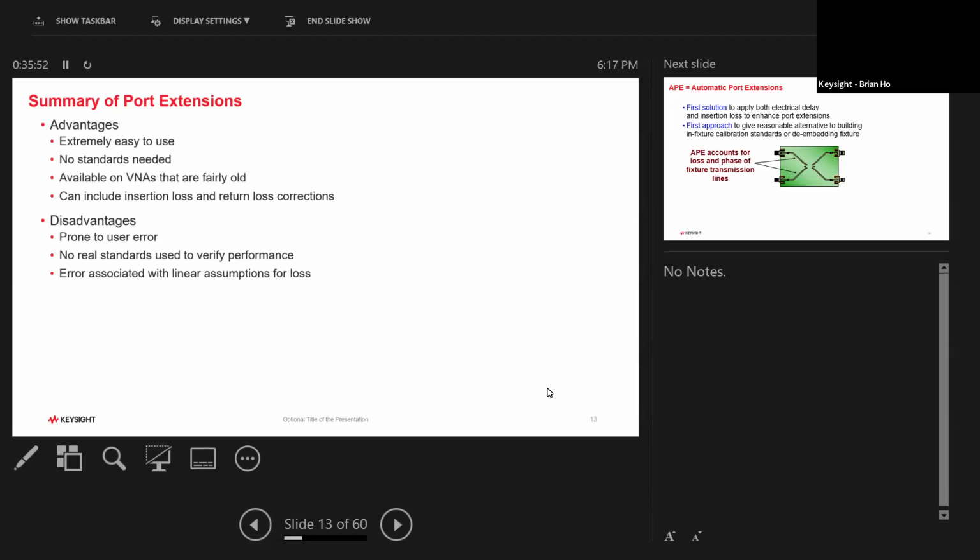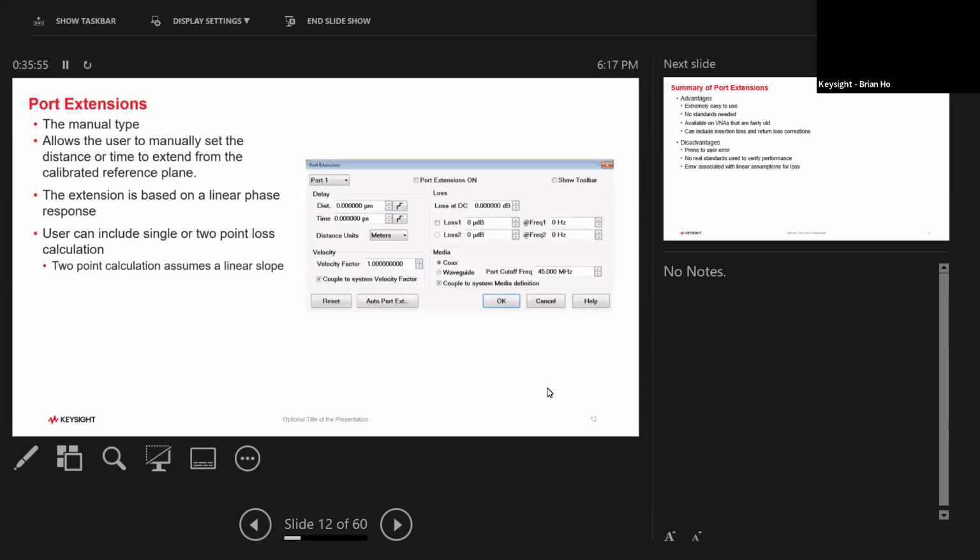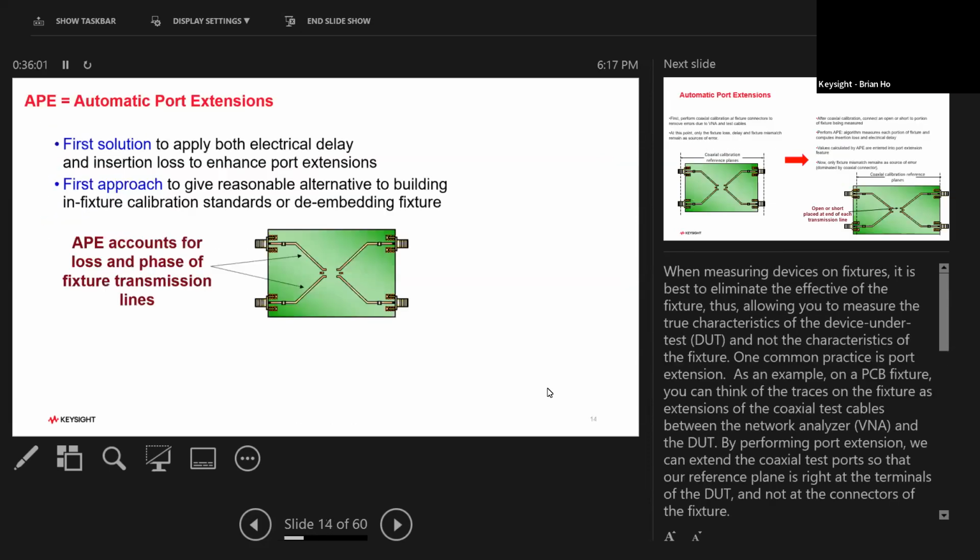So now, what if you don't have any of these measurements? You don't know the distance, you don't know the velocity. Well, Keysight has a mode called automatic fixture removal, or automatic port extension, where we apply both the electrical delay as well as insertion loss to the measurements, and it gives us a very good de-embedding of it. So I'll explain how it does it.